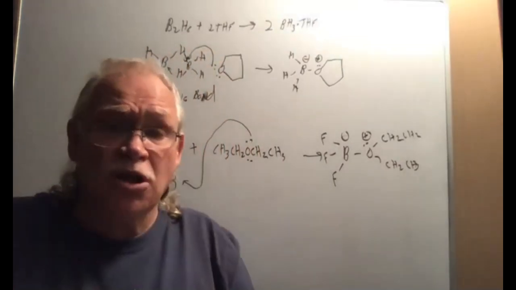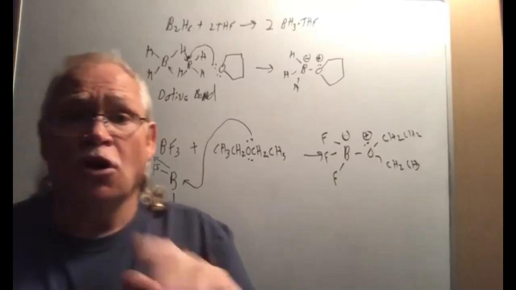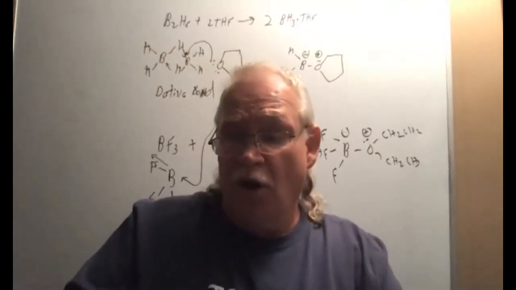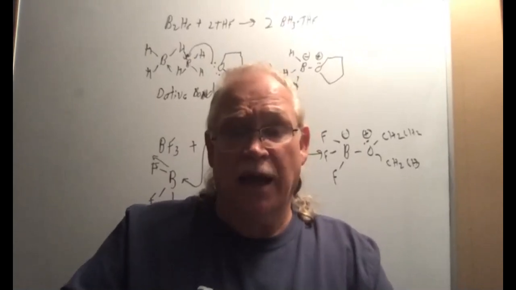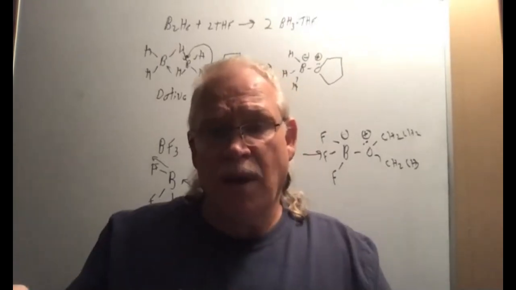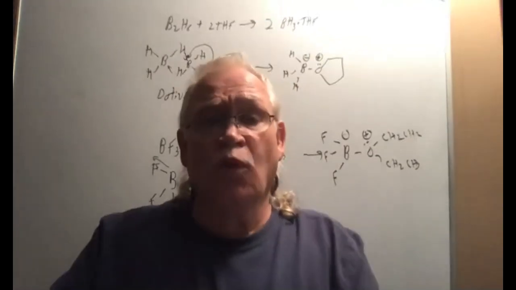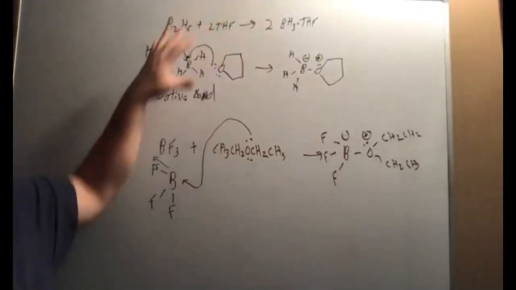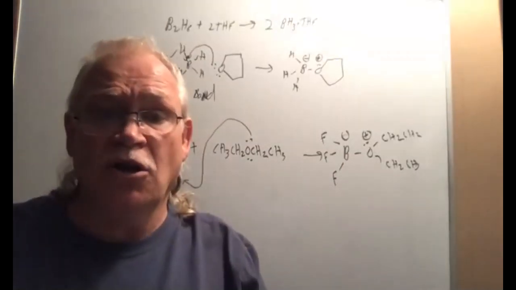Anything that blocks those lone pairs lowers the rate of reaction. So for those of y'all who are going to pharmacy school, you're in a medicinal chemistry class. They're talking about this drug interacts with the body much, much slower than this drug. What's the reason? Well, if there's electronegativity involved, that's probably something you need to look at.